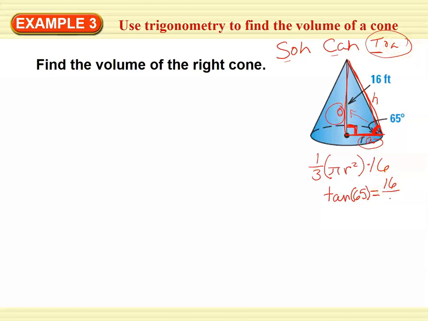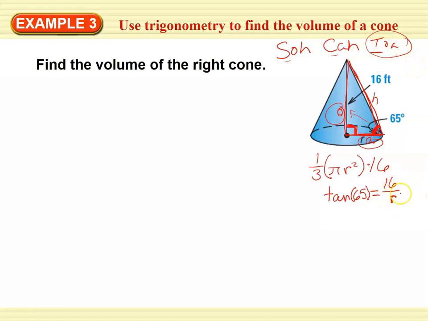Your adjacent side is your radius. That's what we don't know. So it's always got to be the O on top and the A on bottom, regardless of which one you know and which one you don't know. Sorry, I just dropped my pen. It's always the O on top and the A on bottom for TOA, because it's O then A.